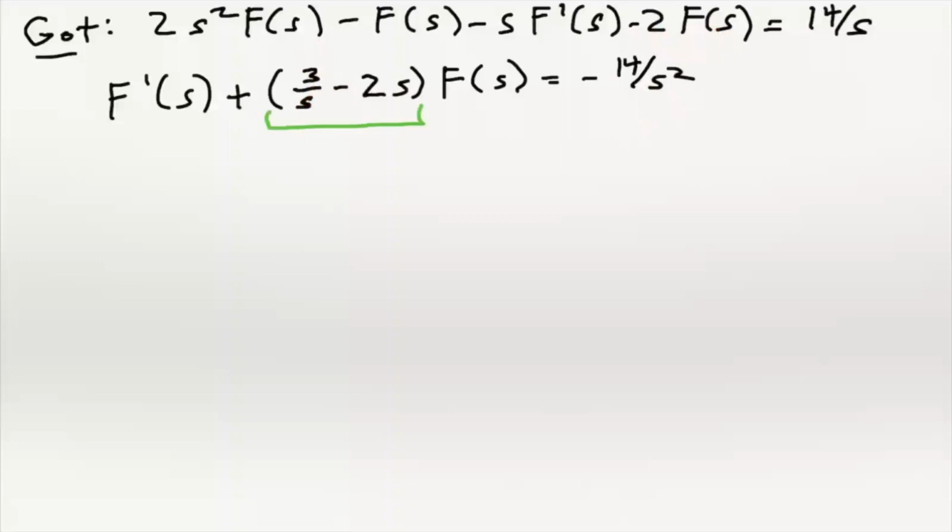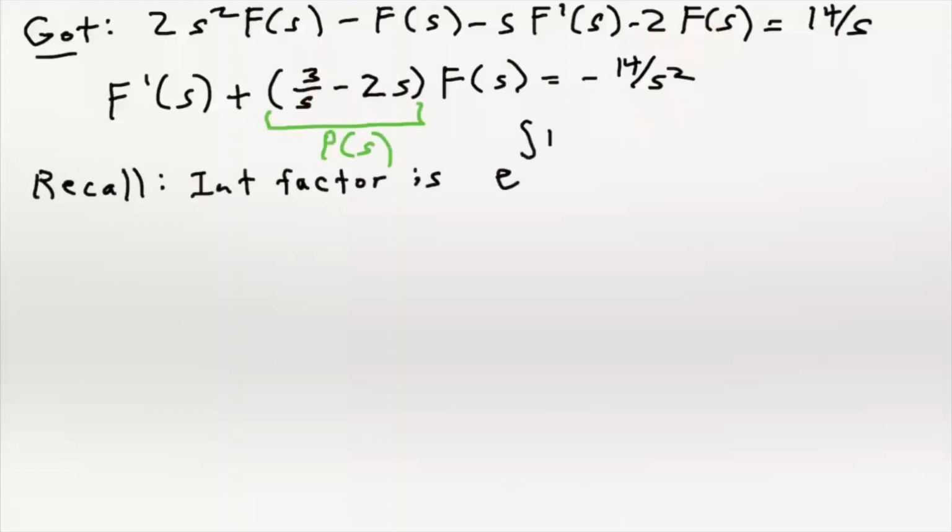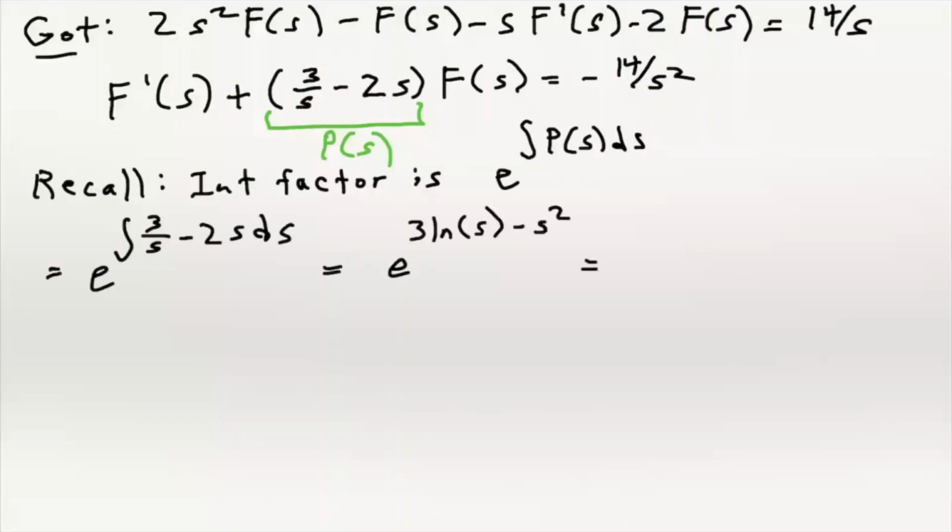And now this guy, that is our p of s, where recall that for integrating factors, our integrating factor is e to the integral of p of x dx, which in this case is p of s ds. So we compute that and recall our utilization of exponentiation laws to simplify this. And that is s cubed e to the negative s squared.